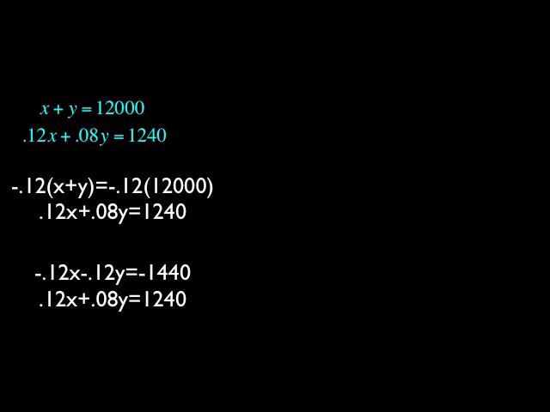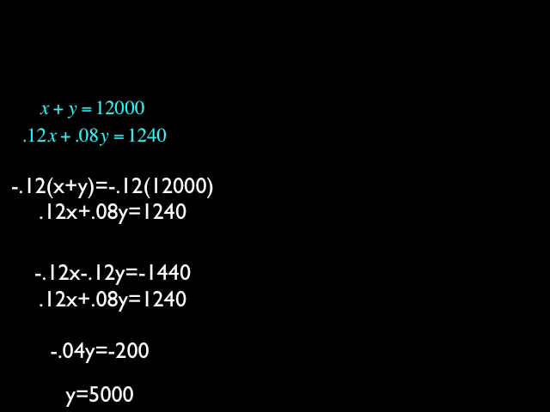Adding the equations together, and also note that I have rewritten that third equation 3 times. It's okay. Keep that whole system together when you're doing elimination. Okay, adding the equations together, I get negative 0.04y, because my x's cancel, equals negative 200. Divide by negative 0.04, and we get y is equal to 5,000. So we have one of the variables, we need to find the other.